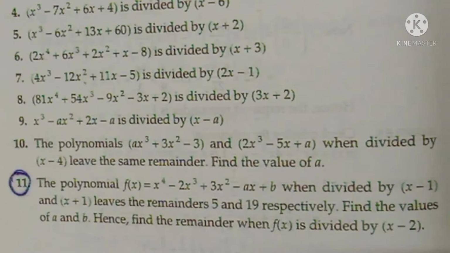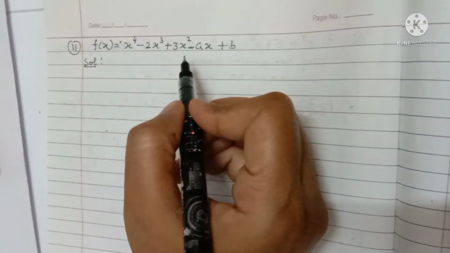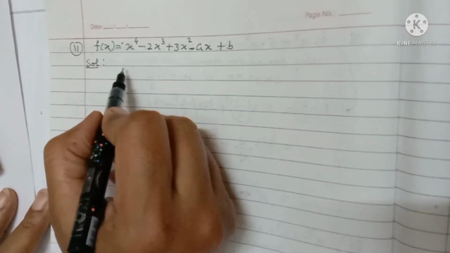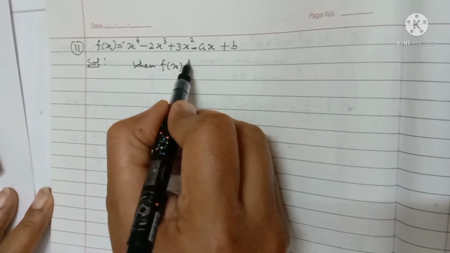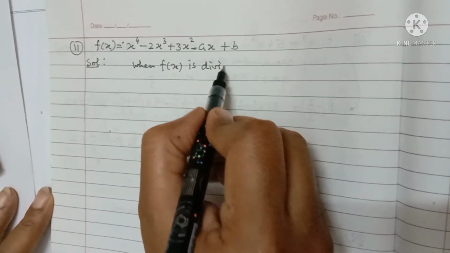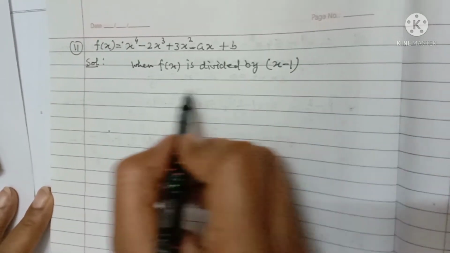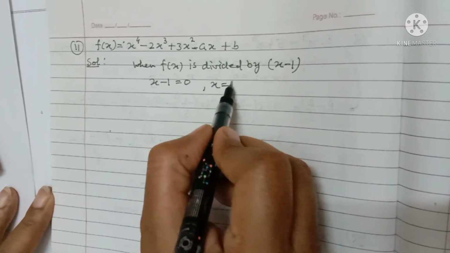See how to do it. When this polynomial f(x) is divided by x minus 1, put x minus 1 is equal to 0, x is equal to 1.